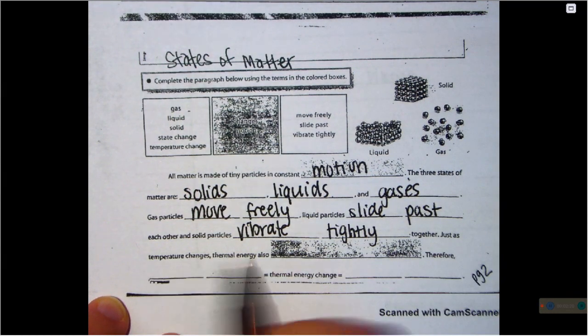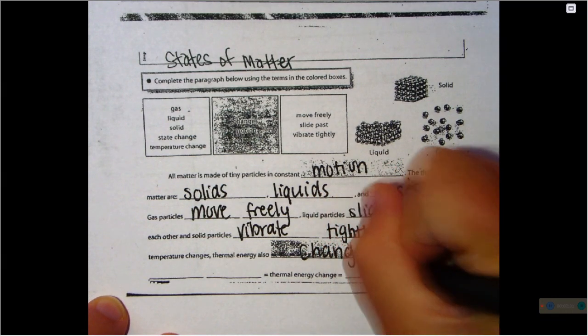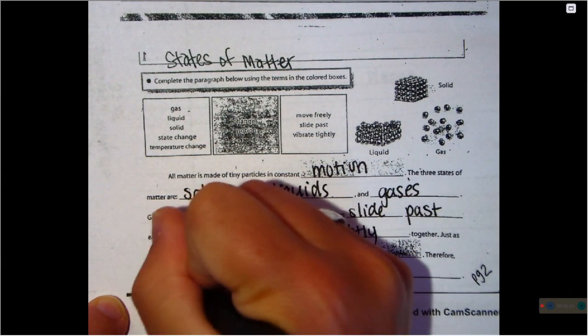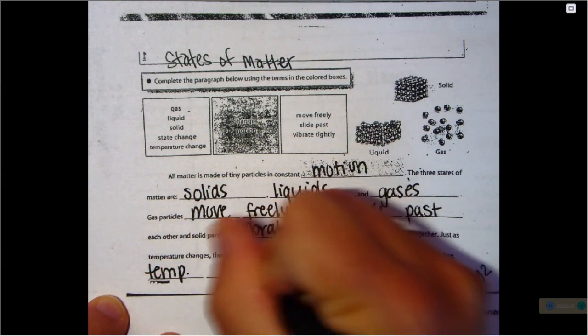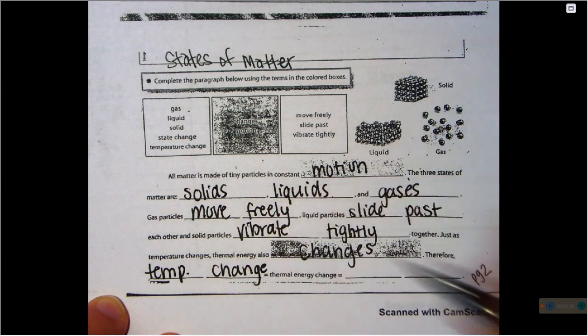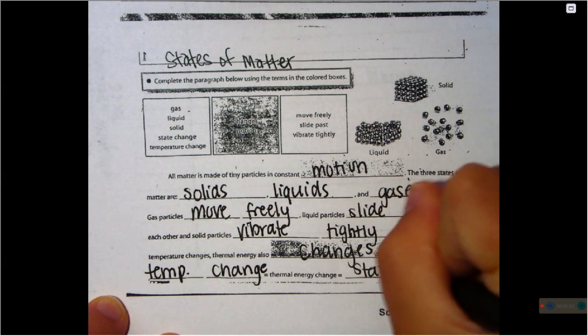So just as temperature changes, thermal energy, so thermal means heat, energy that comes from heat also changes. Therefore, temperature change, I'm going to abbreviate temperature change, so if we increase or decrease the temperature, equals a thermal energy change, which equals a state change.